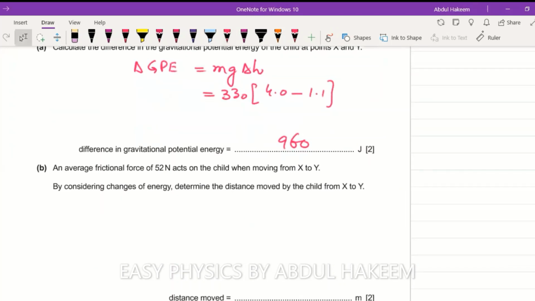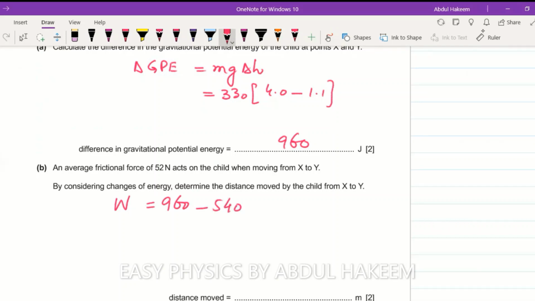Now, an average friction force of 520 Newton acts on the child when they are moving from X to Y. By considering the change of energy, determine the distance moved by the child from X to Y. Now look, how much work is done against friction? So the work done against friction. This 960 potential energy is lost and 540 energy is gained.